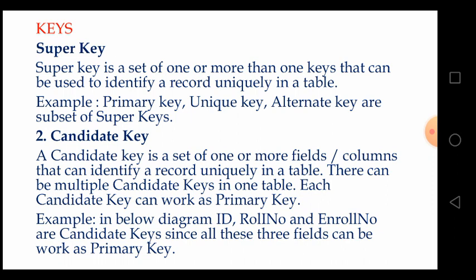Basically, it is a candidate key that currently is not the primary key. Example, roll number and enroll number become alternate keys when we define ID as primary key.